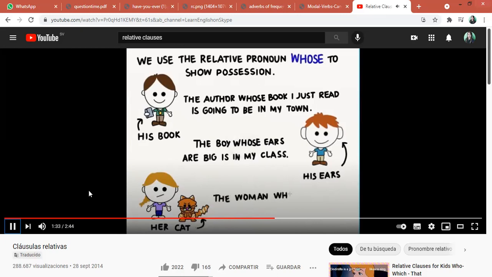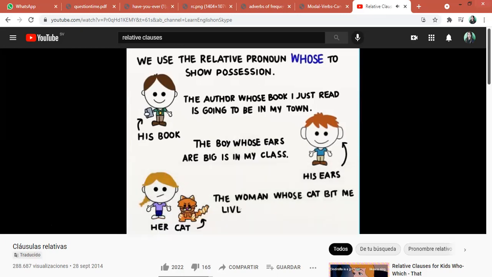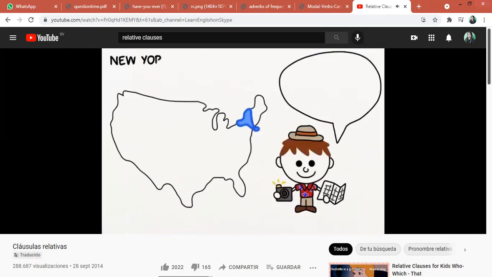Her cat. The woman whose cat bit me lives around the corner. We can use the relative pronoun whose to replace the possessive pronouns his and her. Sometimes we use different relative pronouns whether we're referring to the subject or the object.